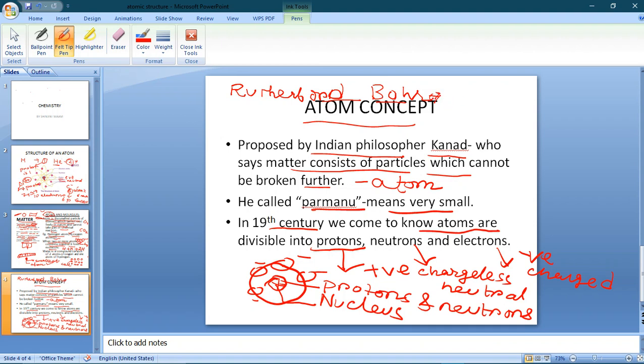Before that, most important is Dalton's atomic theory, which all of you know already. Really very important. So we will continue later.